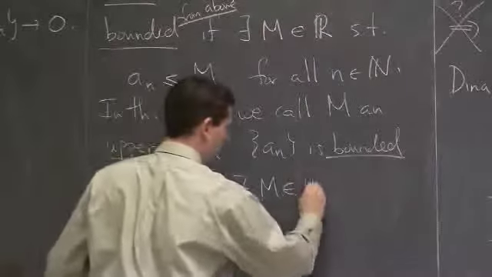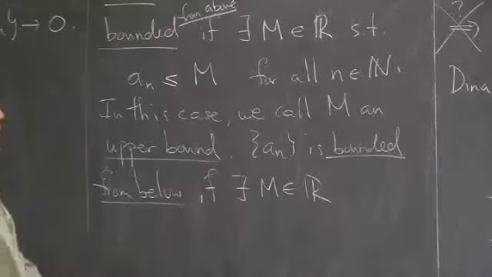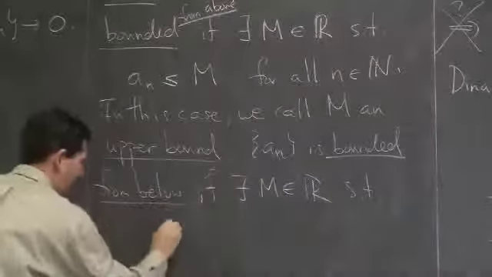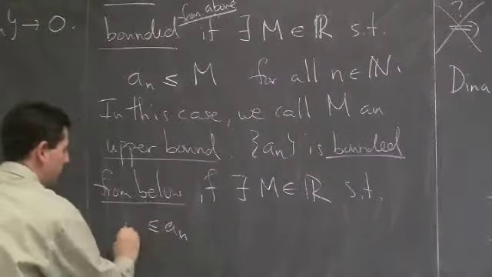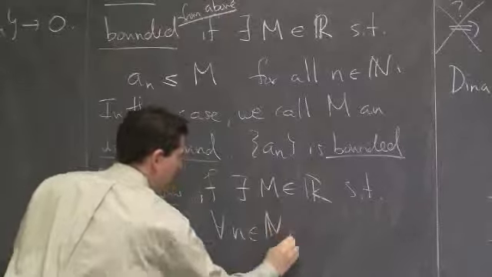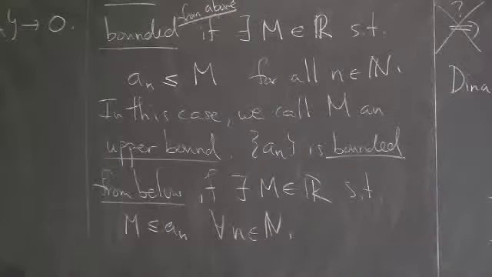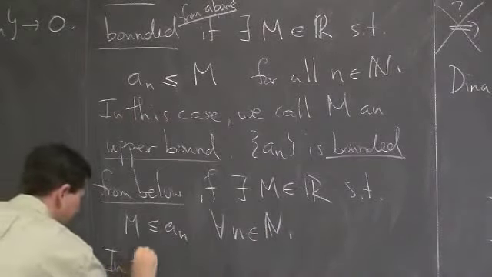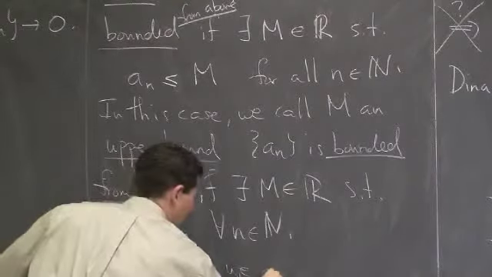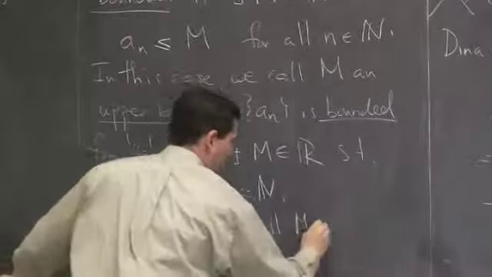So let's just make this real numbers. Okay, so there should exist a real number m such that an is always greater than or equal to m for all natural numbers n. And in this case, we call m a lower bound.